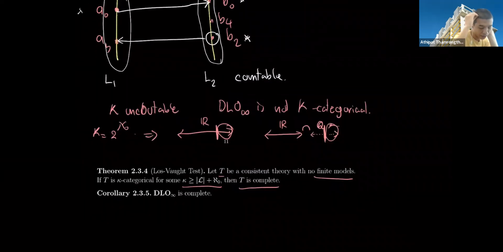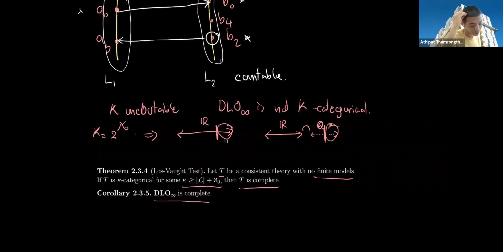Here you can show that DLO infinity has no finite model because it is dense, and it has no endpoint as well. And we also know that it is Aleph-naught categorical, so it is complete.